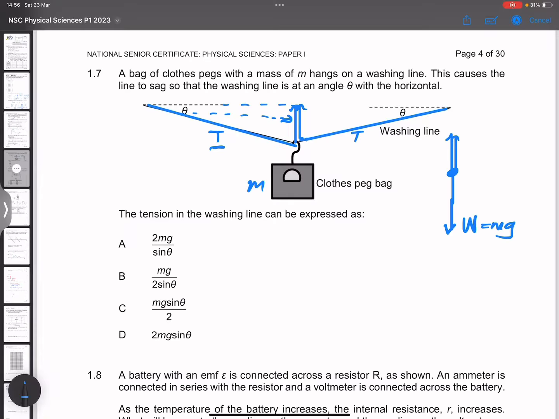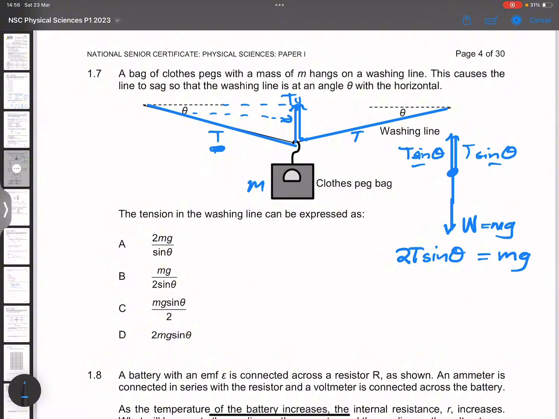And in this case, our tension is T, right? So to get that vertical component, let's call it Ty, it would be T sine of angle theta, right? But you also have the same thing this side, that's T sine theta. So which means 2T sine theta, because you've got 2 of them there, is equal to mg.